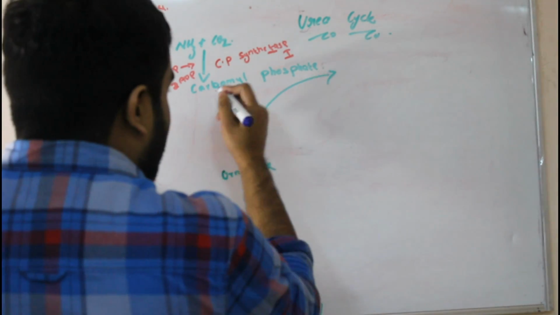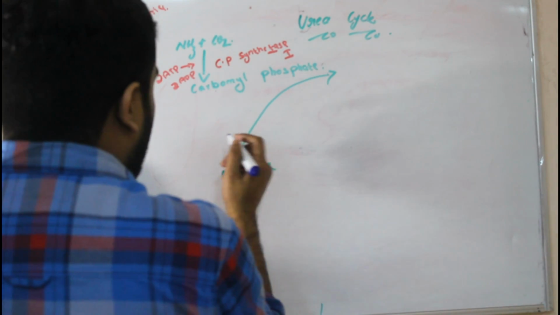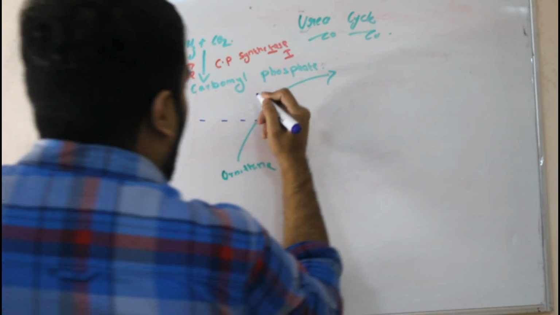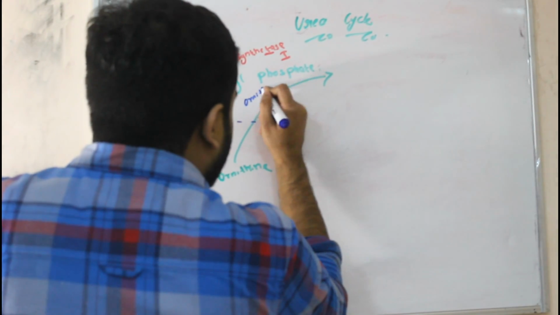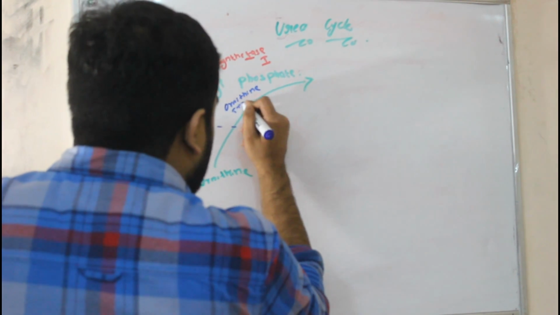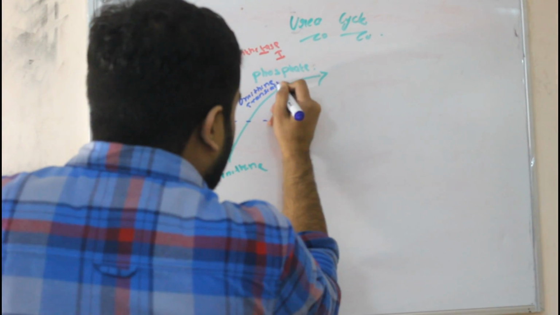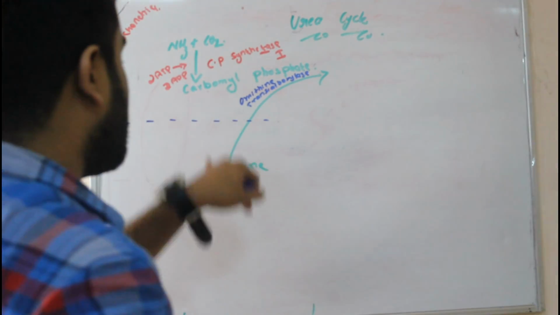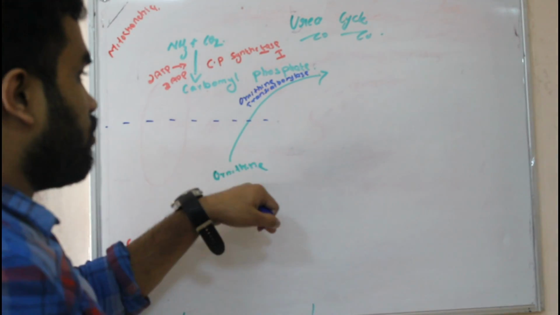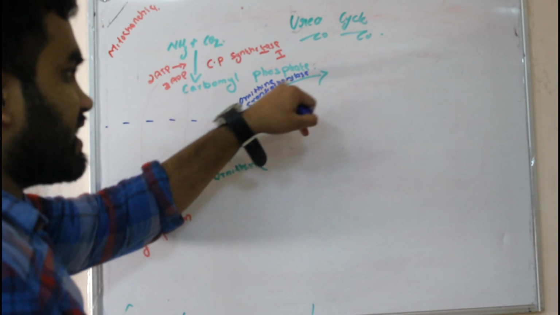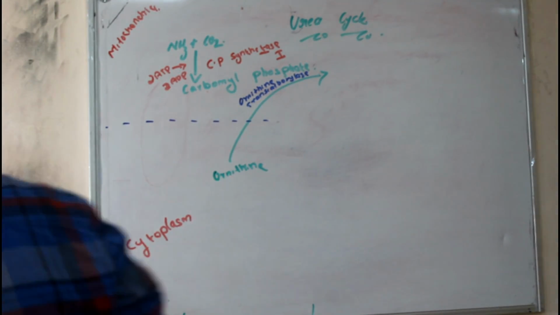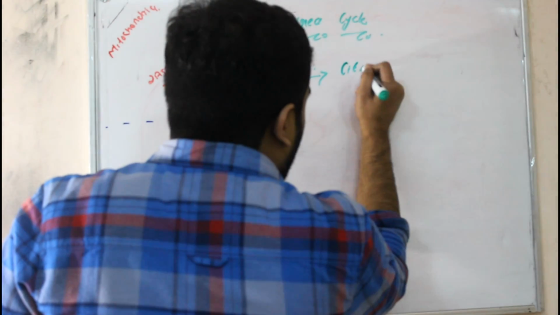There is an enzyme present in mitochondria, ornithine transcarboxylase. This ornithine and carbamoyl phosphate, in the presence of ornithine transcarboxylase, will form a product known as citrulline.